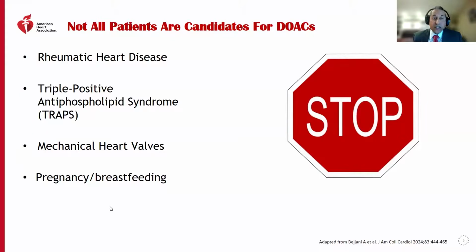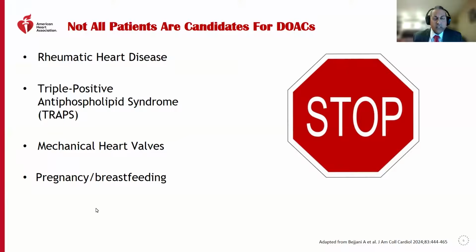So while DOACs did represent a paradigm shift, and they are an option for many patients, the saying that there is no such thing as a perfect anticoagulant still exists, and these are some of the patients where DOACs should not be used.